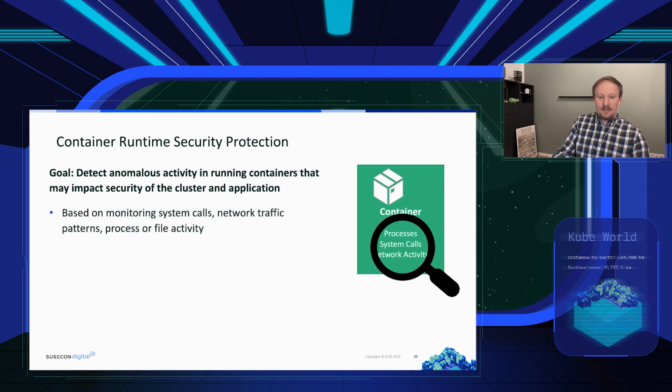And how that is typically done is that your solution is monitoring system calls, network traffic patterns, the processes, and the file activity of containers. And this may be used to determine that there's maybe suddenly a malicious process running that shouldn't be there. Or maybe your server process is suddenly establishing network connections to the internet that it shouldn't typically do. So these are the kinds of patterns that you want to detect with container runtime security.